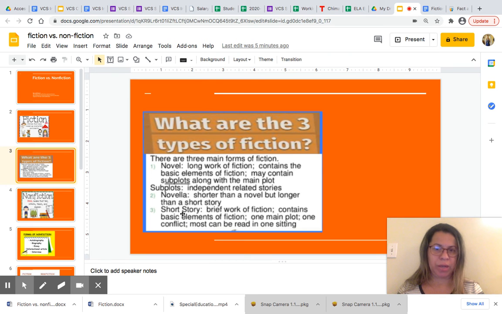Short story: brief work of fiction, contains basic elements of fiction, one main plot, one conflict. Most can be read in one sitting. So the three types of fiction are novel, novella, and short story.